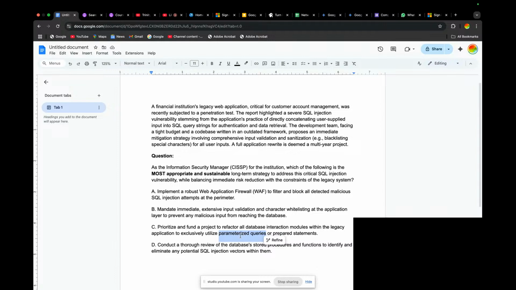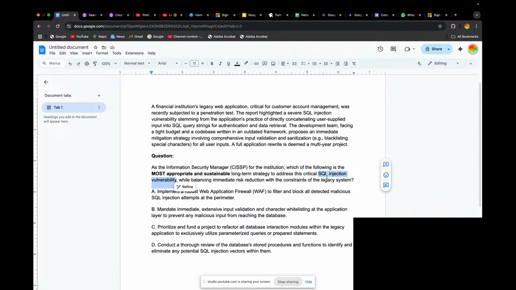Basically, it uses placeholders. What does that mean? It means it separates the user input from the SQL commands on the database. So if your database does not use this, it will be open to SQL injection attacks.